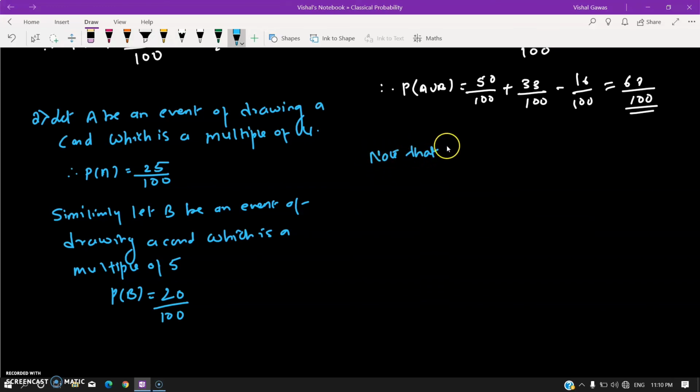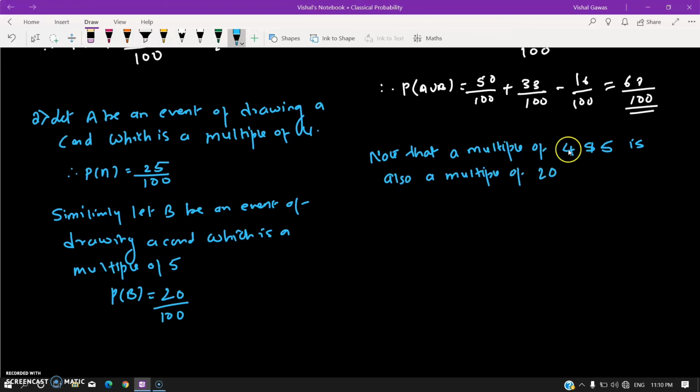Note that a multiple of 4 and 5 is also a multiple of 20, isn't it? If I look at the very first number, 20 is a multiple of 4 and 5.